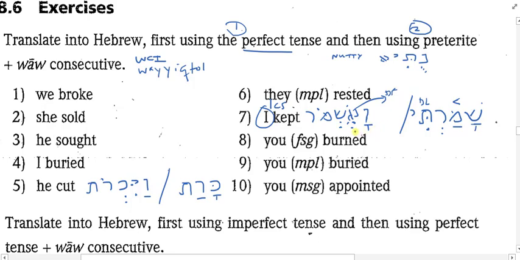You could, I suppose it's possible to see a metheg here, since you have this in an open propertonic syllable, that there could be a metheg there to just ensure the full pronunciation of that and not let it reduce.